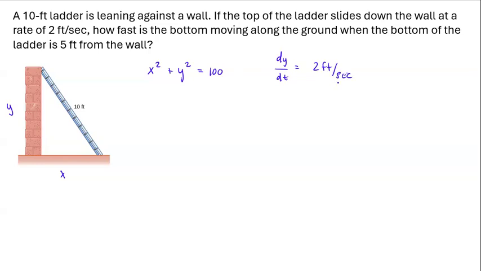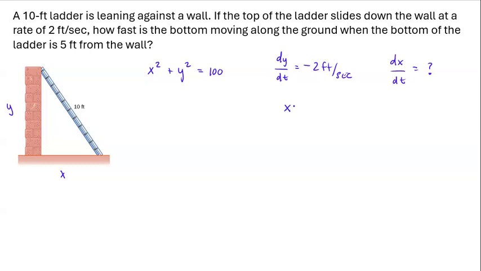The fact that the ladder is sliding downward, we can make this a negative. We want to know how fast the bottom is moving along the ground. So we're going to be looking for dx/dt when the bottom of the ladder is 5 feet from the wall.